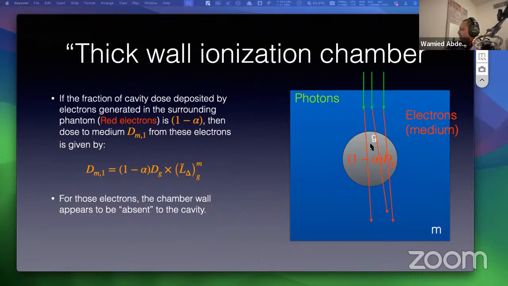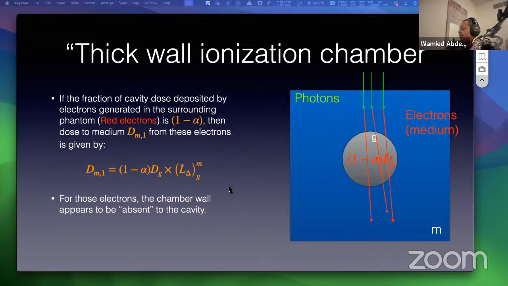So if we use this for these electrons, then we can calculate what would be the dose in the medium when the cavity is not present. And we're going to call that D medium 1 because that's the first source. So D medium 1 equals 1 minus alpha multiplied by the dose in the gas multiplied by the ratio of the restricted collision stopping power.